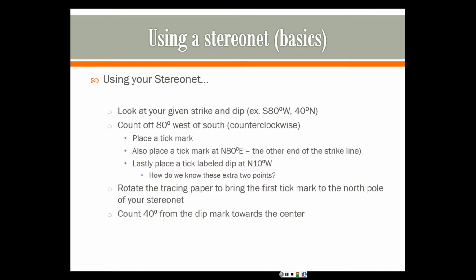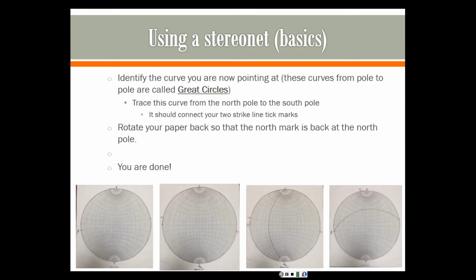You'll be on a curve. Trace that curve from the north pole to the south pole along it, and I will show you what I'm talking about here. So we've marked south 80 degrees west, north 80 degrees east, and north 10 degrees west. We rotate it here, so my first one is at the south pole.